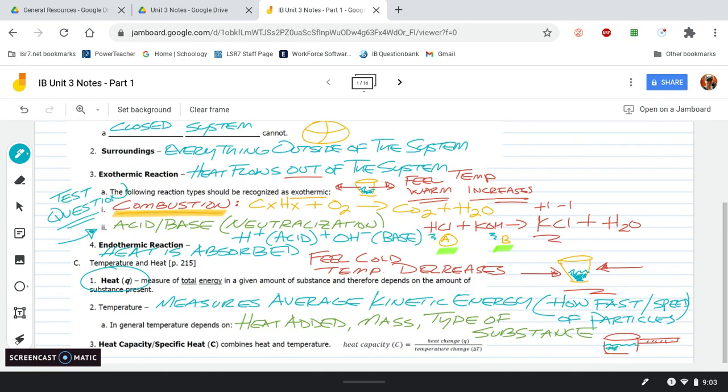You're trying to get this stuff to boil. Well, that pan gets hot really, really fast because it's made of metal, but that water takes a while to heat up. We call this concept heat capacity. So specific heat or heat capacity is this idea that different items are going to heat up at different rates.